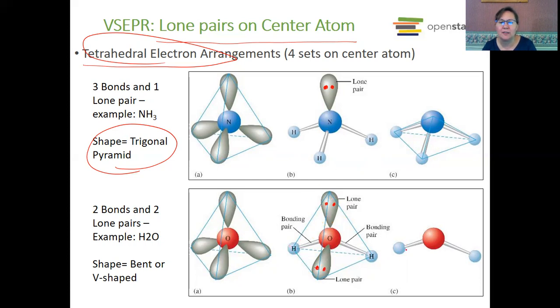And without the lone pairs, so it's still tetrahedral, you have this kind of shape. It sort of looks like this. Again, different kinds of shapes, different kinds of structure. And this is either called bent or V-shaped. I don't usually see V-shaped, I usually see bent, but either one is considered to be accurate. Usually on a test, I'll tell you what I'm looking for, okay?